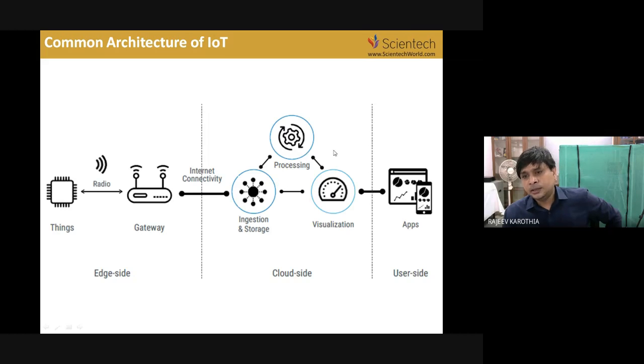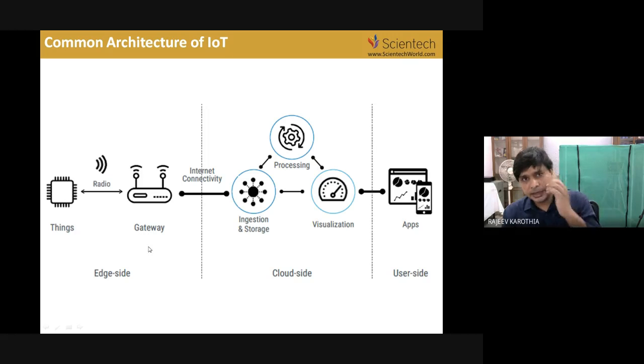After doing this analysis and processing, you have to generate some reports that can give benefit to the user. So at the user side, what you have are applications, dashboards where you can get real-time graphs, historical data, different analyses, events, alarms.